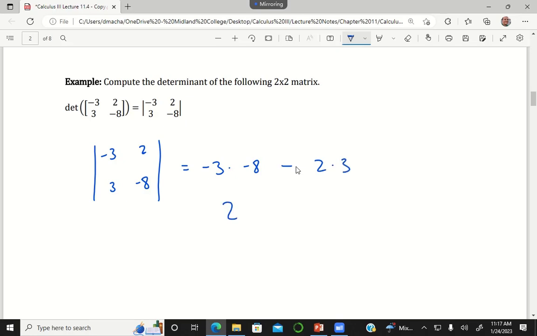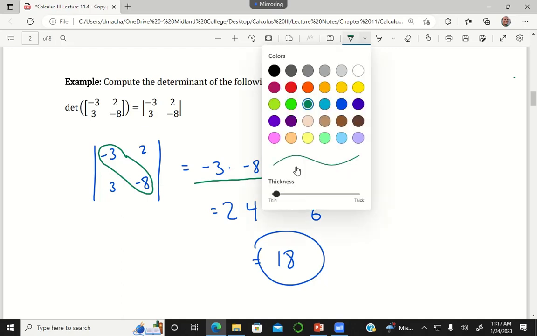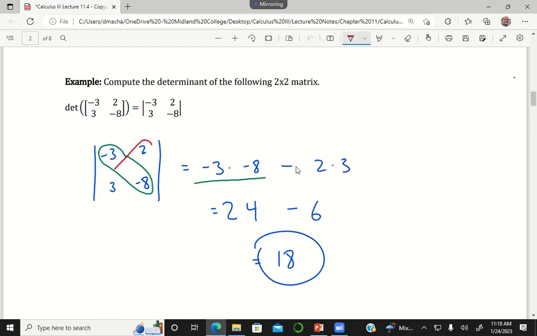So it would be 24 minus 6, so it would be 18. Okay? So just like before, we're multiplying the top left and bottom right entries, and then we subtract the product of the bottom left and top right.